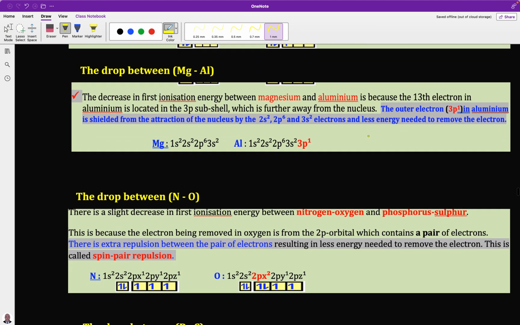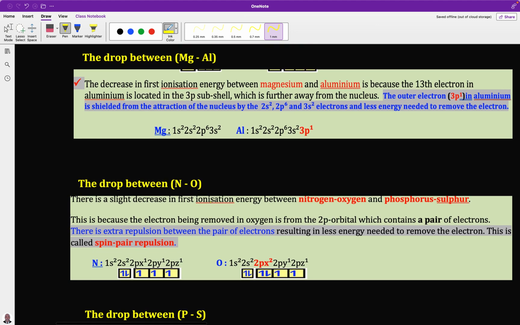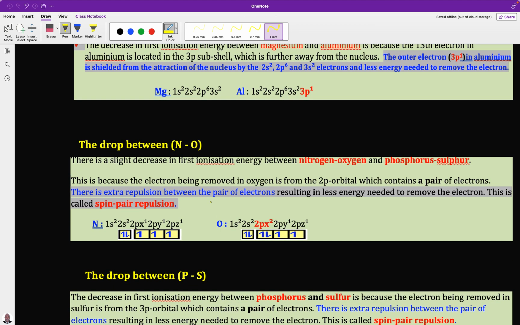For example, the drop between nitrogen and oxygen, and the drop between phosphorus and sulfur. The spin pair repulsion is the one that is working.